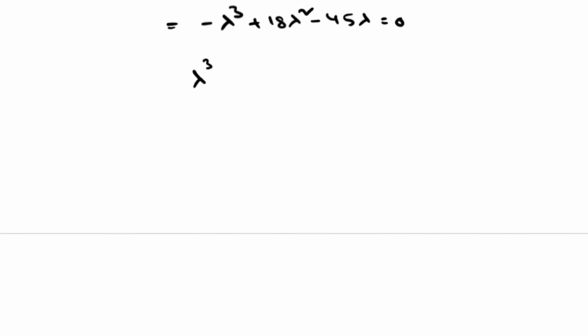Therefore lambda cube minus 18 lambda square plus 45 lambda equals 0. Therefore the lambda values are 15, 3, 0. These are the three eigenvalues.